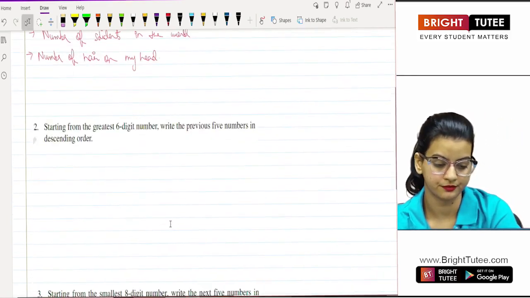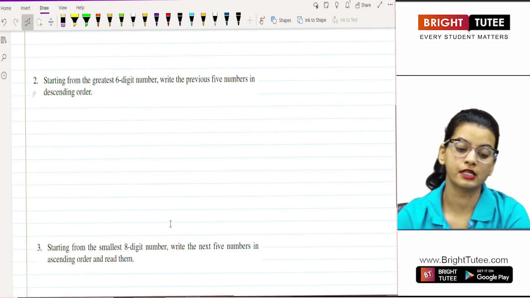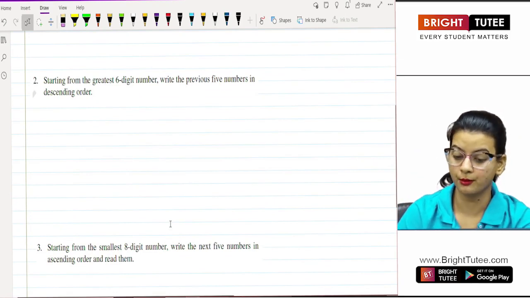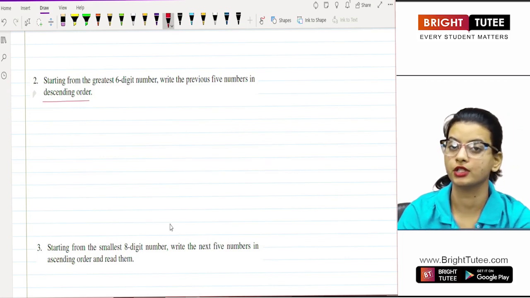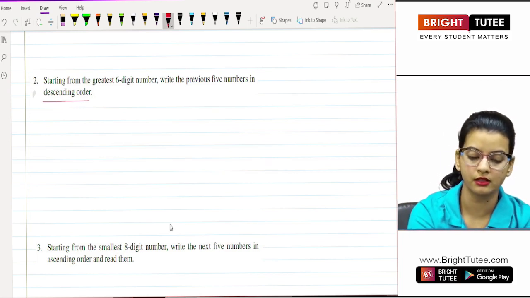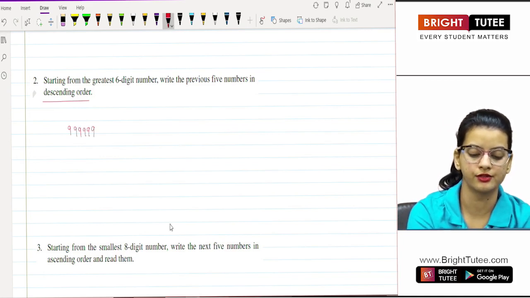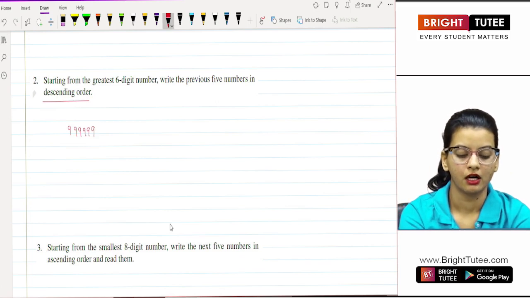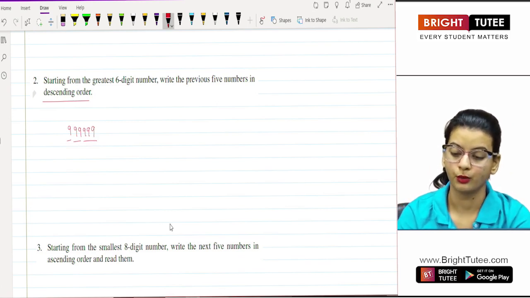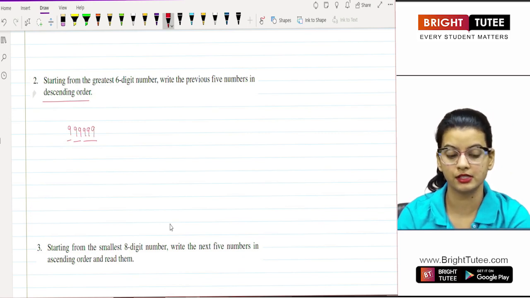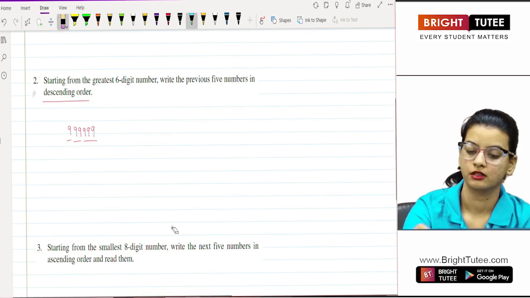Right. Now, starting from the greatest 6-digit number, write the previous 5 numbers in descending order. So the greatest 6-digit number is 9, 9, 9, 9, 9 and 9, that is 9,99,999. Now we have to write the numbers in descending order.